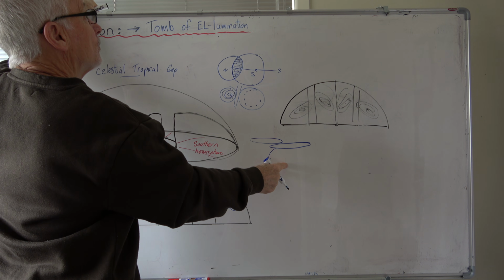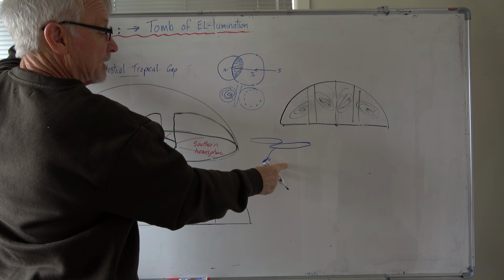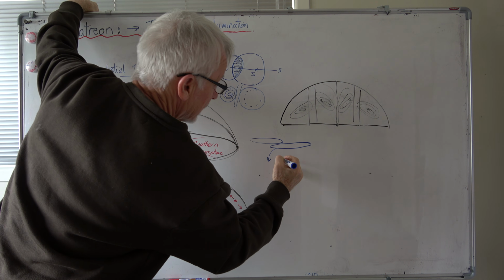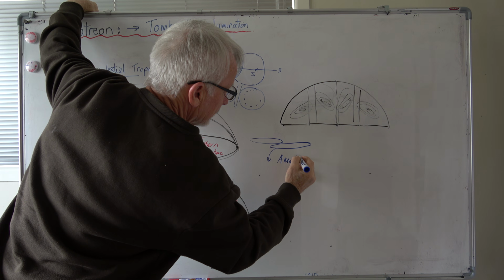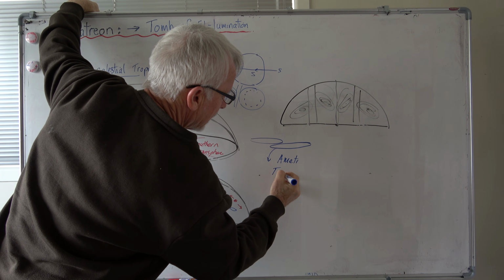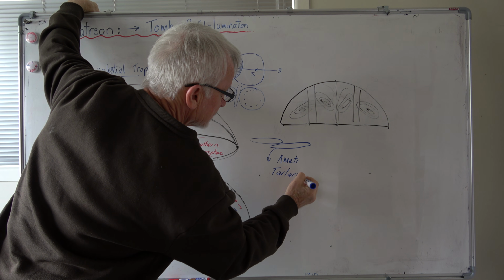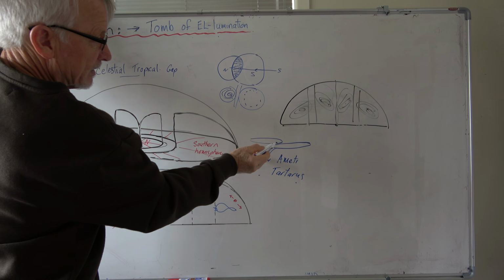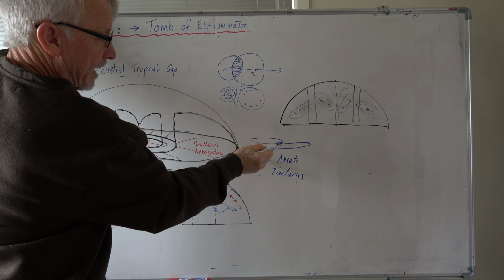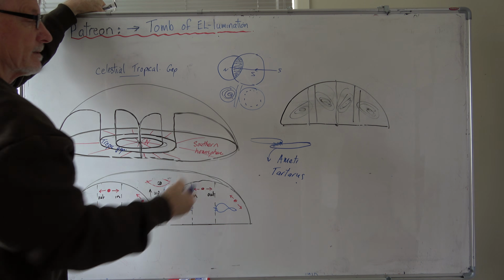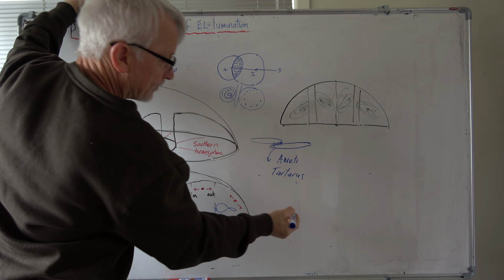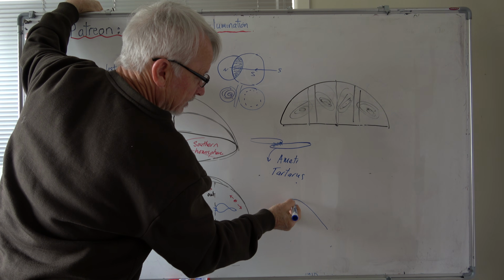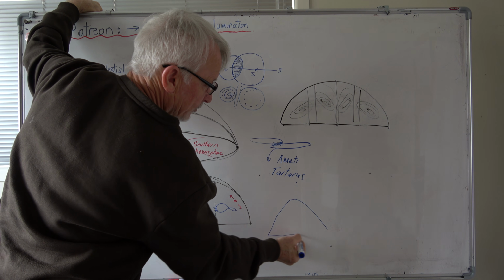Or, what's the other one? Tartarus. You've got Amente and Tartarus. Okay? It's all about this gap in here. The crevice, and it's to do with the Teotihuacan pyramid.